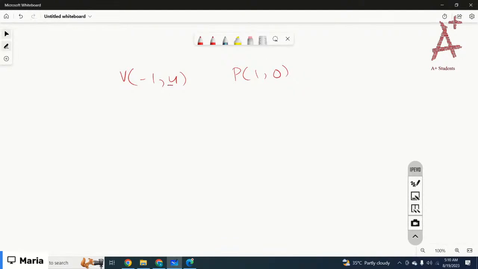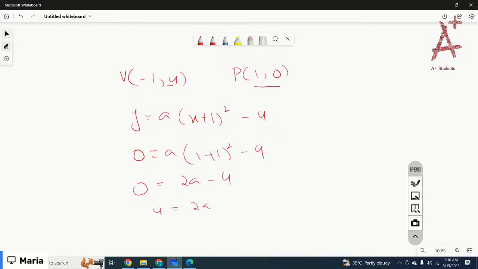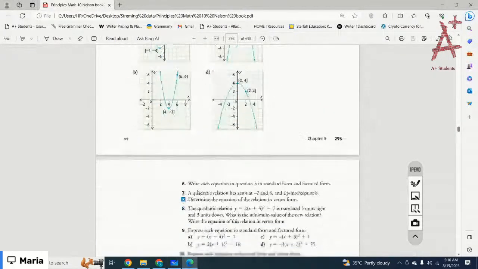So the equation is y equals a times x plus 1 whole square minus 4. Now just put the point, y is 0. So a equals 2. Just put a back in the equation. So it would be y equals 2 times x plus 1 whole square minus 4, right? You can do the rest of the parts by yourself.